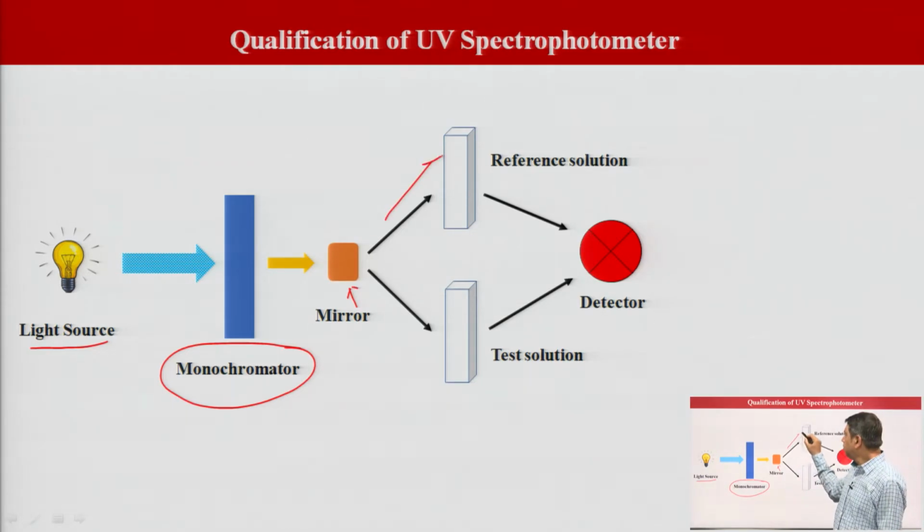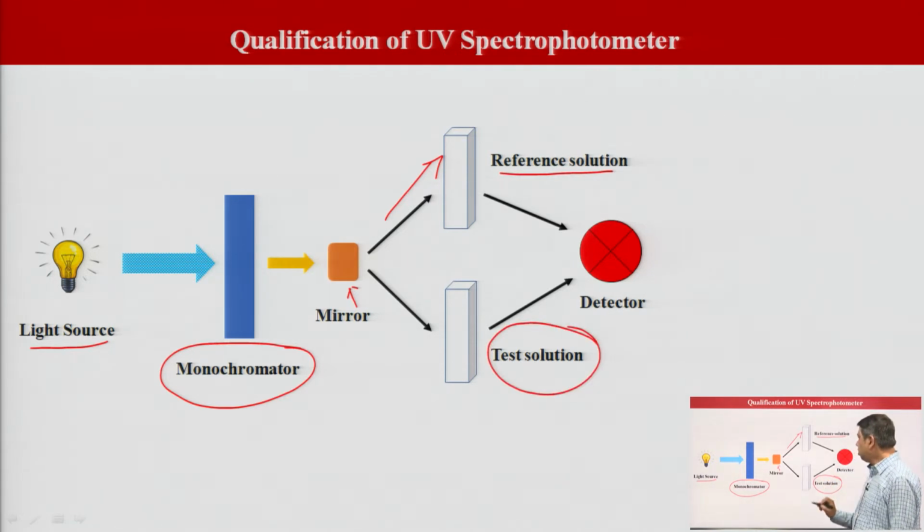The first portion of the light goes through the reference solution, and the other portion goes through the test solution, and the amount of light absorbed by the reference and test solution can be measured by using a detector.